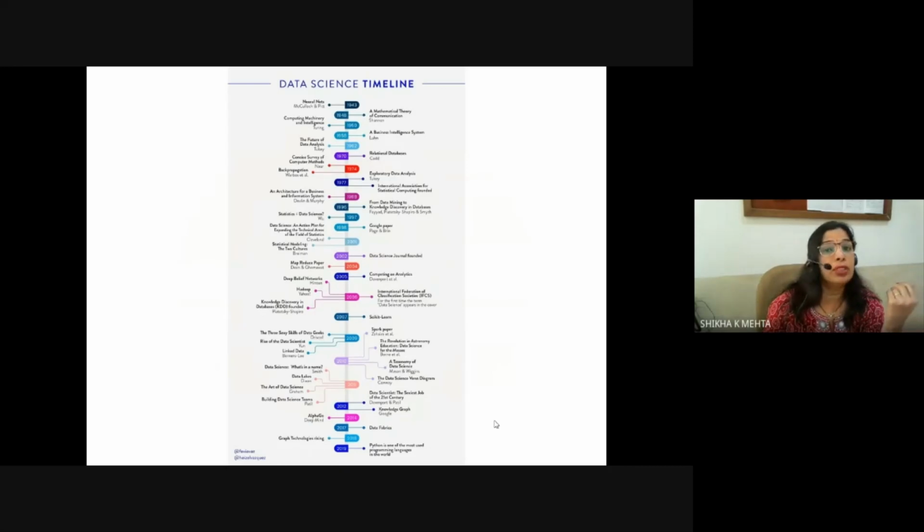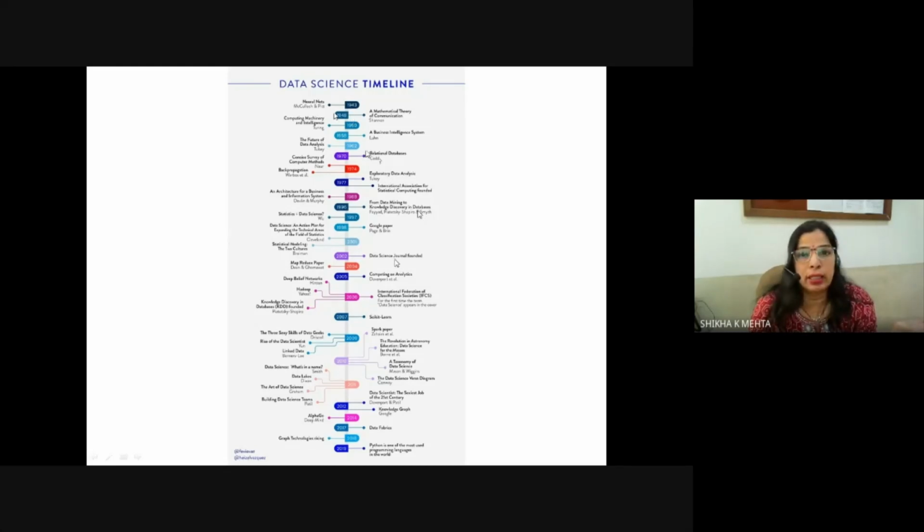So here you see, when we look at the data science timeline, we are talking about neural networks. In this particular age, in 2023, the neural networks were designed in 1943. So how many years is that? It's more than 70 years old, these neural networks, which are the core of deep learning.